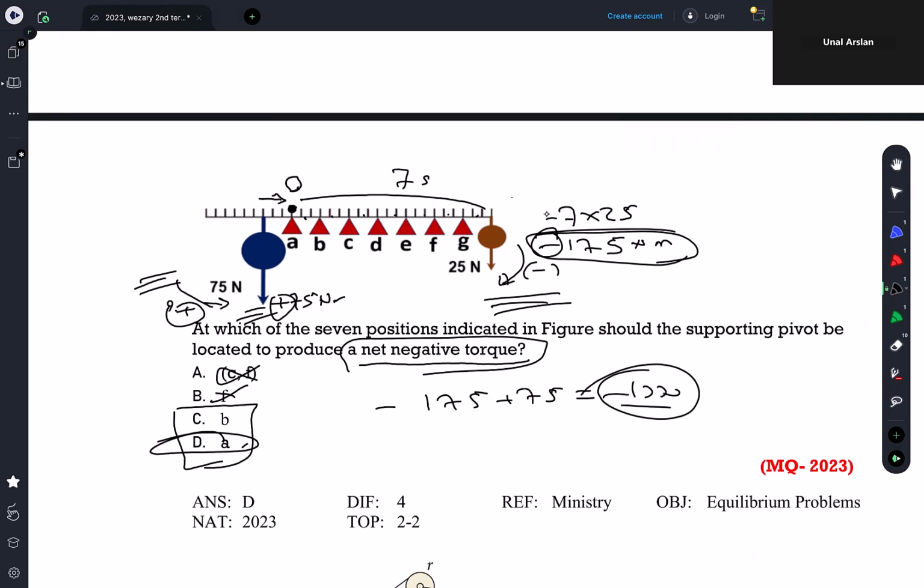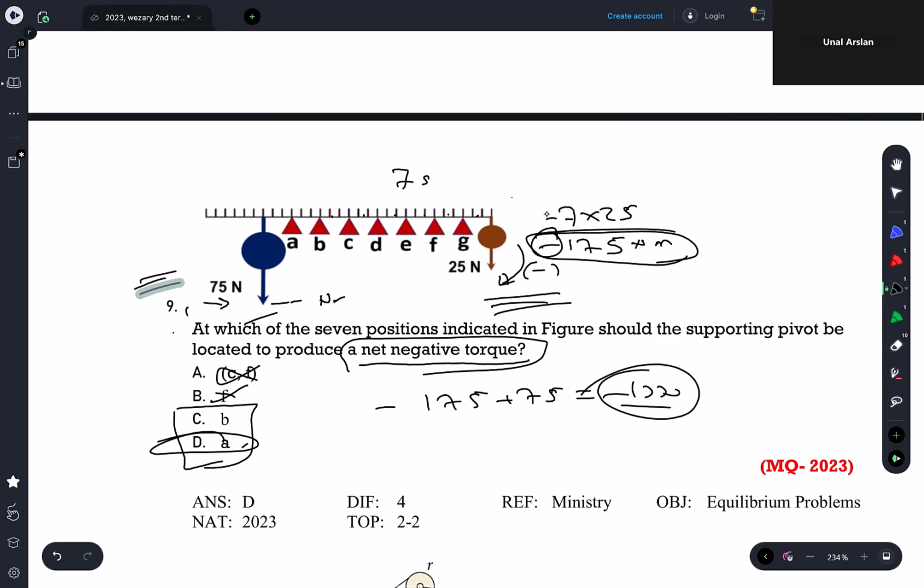What about B? Why not B? Let's check B by writing the givens again.